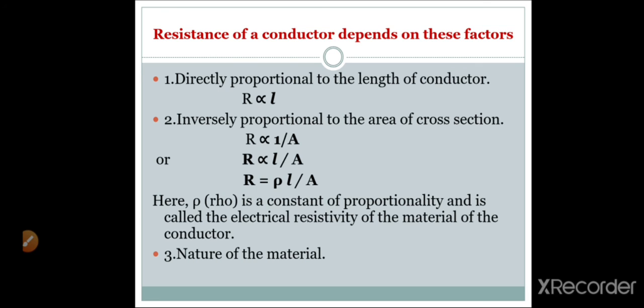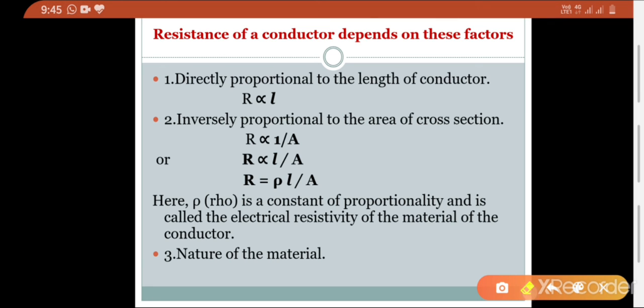So the resistance of a conductor depends on these factors. It is directly proportional to the length of the conductor. Suppose we take a conductor. Suppose this is a conductor of cross section A here.